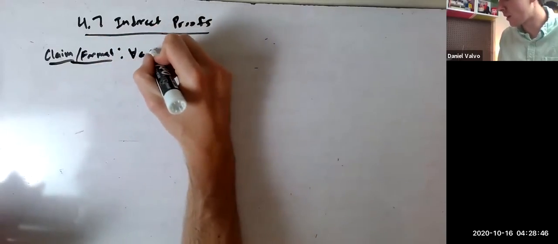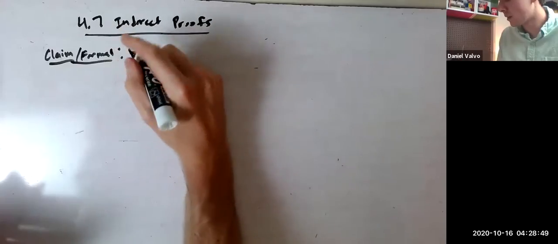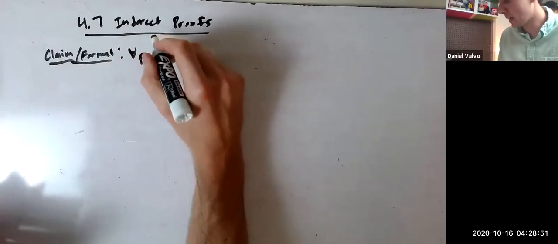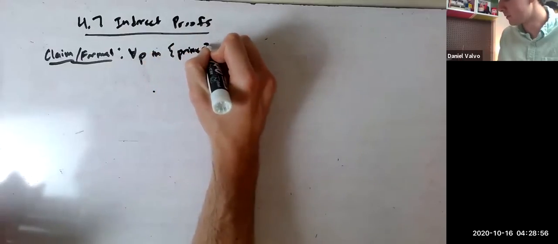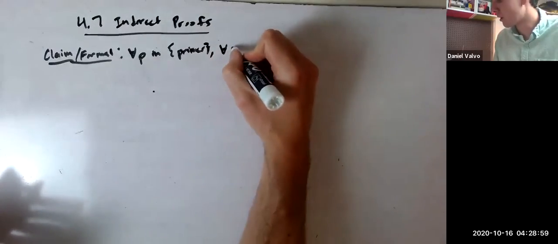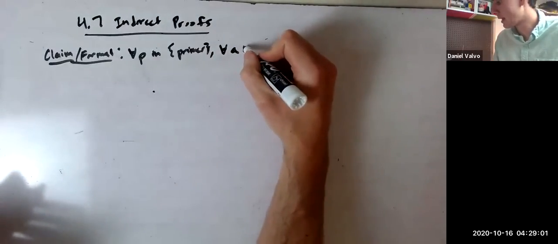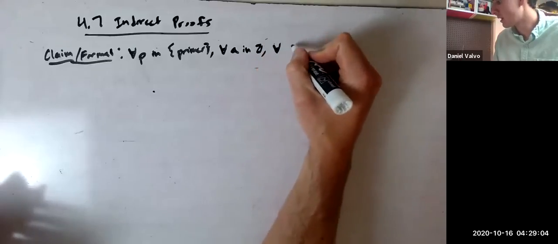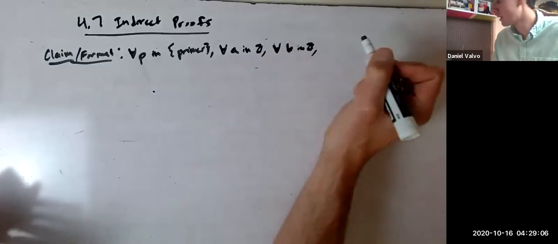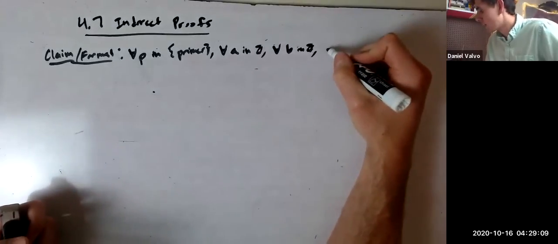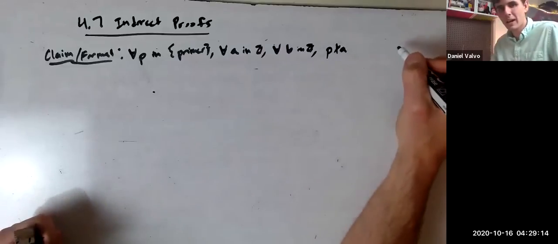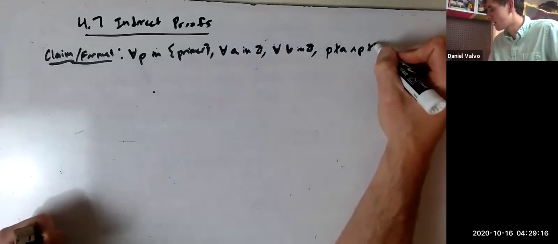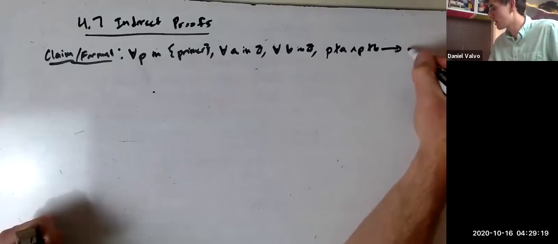For all P in our set of primes, and for all A in Z, and for all B in Z, P not dividing A and P not dividing B implies P does not divide AB.